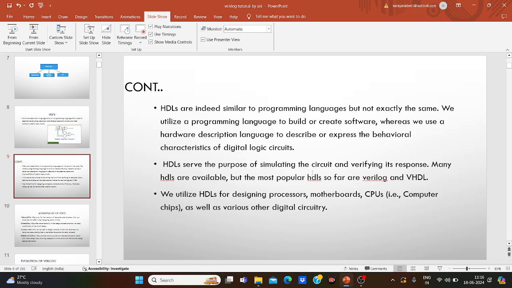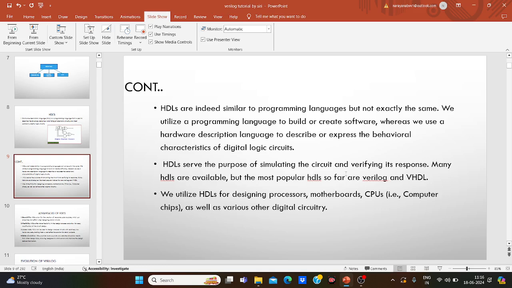But with coding, you can do it much more easily. That is why, before going into the hardware, you write code for that hardware, and then you convert it into hardware.